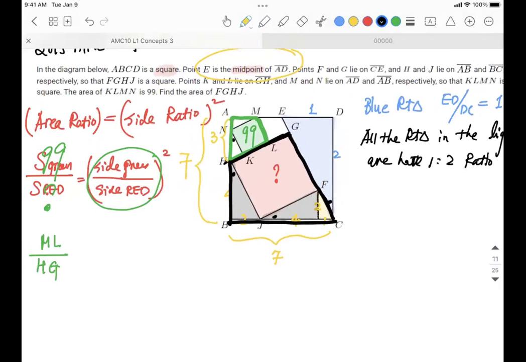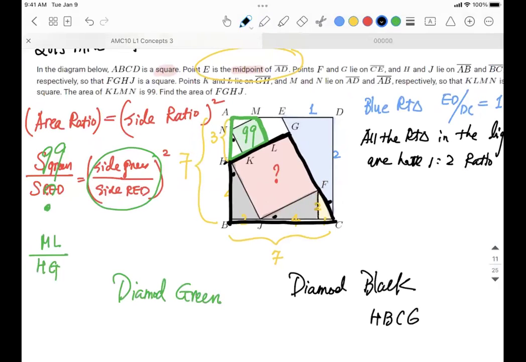The diamond green and your diamond black. They are actually H, B, C, G. The green will give a name A, M, L, H. These two guys are actually similar to each other, right? Those two diamond shapes are similar to each other.